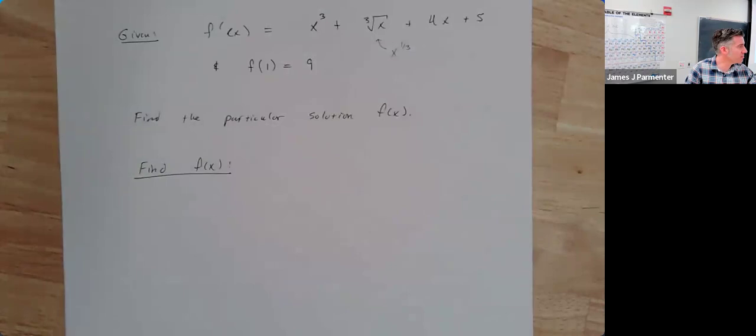They give us f of 1 equals 9 and f of 5. I'm imagining that problem you're starting off with a second derivative, not a first derivative. Yeah, we'll talk about that in a second.